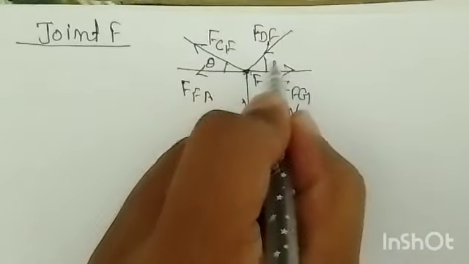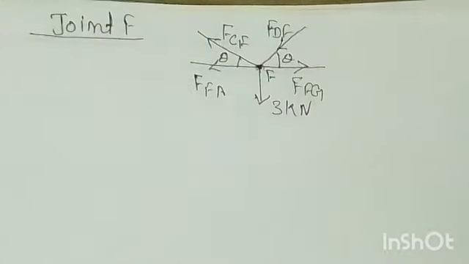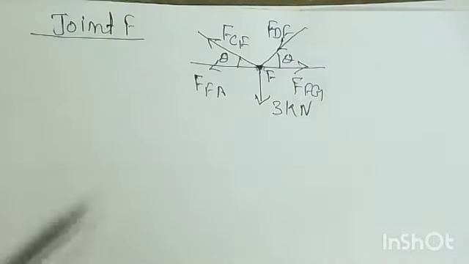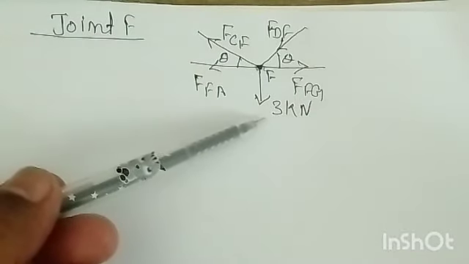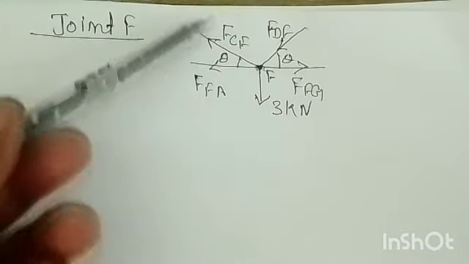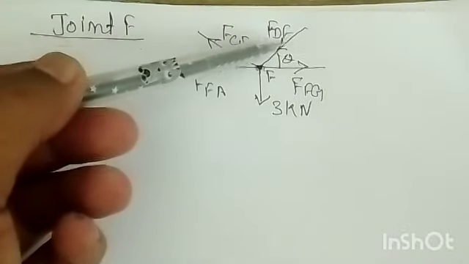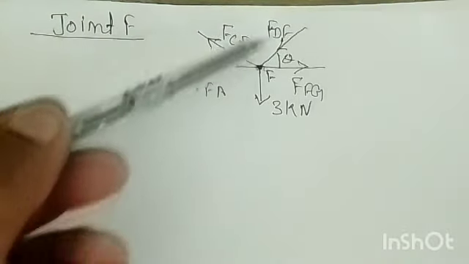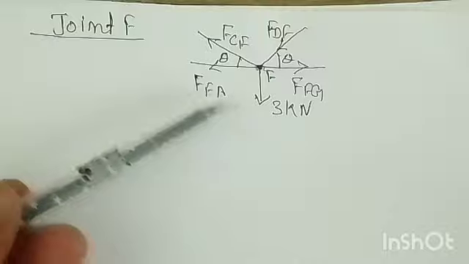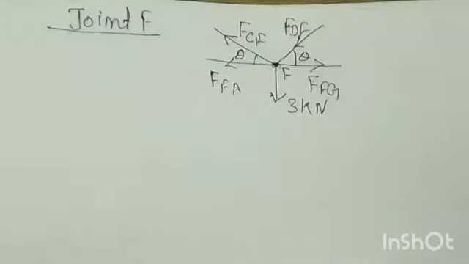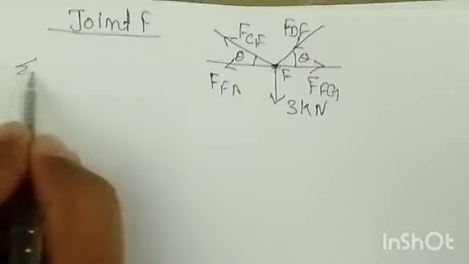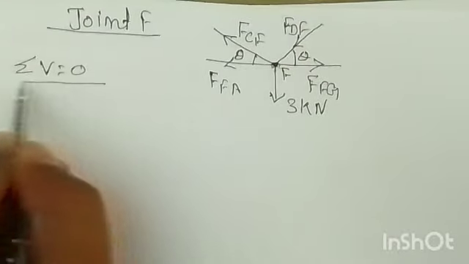So theta and theta we got, right? If you use the summation of V equal to 0, it means this vertical force is downward and this arrow is up, so it will go up, and this arrow is down, so this FDF and 3 will be added and this will be balanced. So now you can say summation of V is equal to 0.